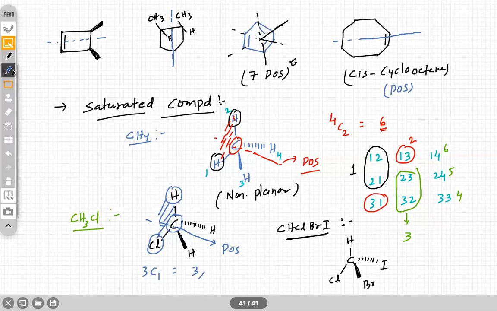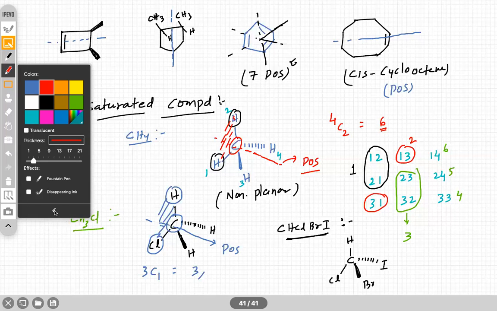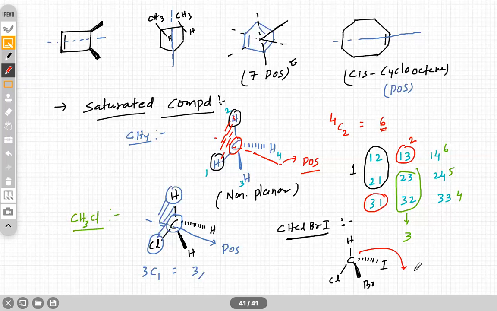It is an sp3 hybridized carbon with all 4 atoms different, and hence it is a chiral carbon. And since there is no POS for this, it is an optically active compound.